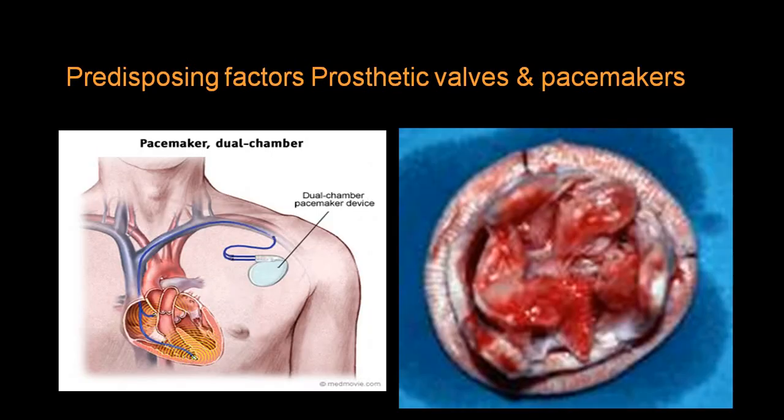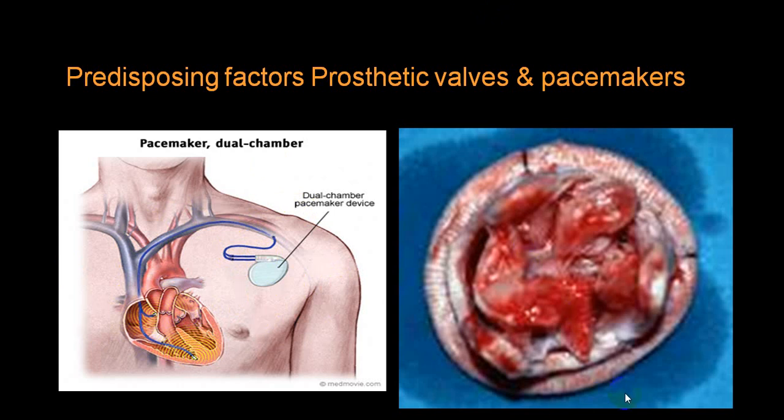This is a prosthetic valve, this is a pacemaker where you get an insertion of a pacemaker lead into ventricle or into atria, and you can have a high chance of getting infective endocarditis because of damage to the endocardium.